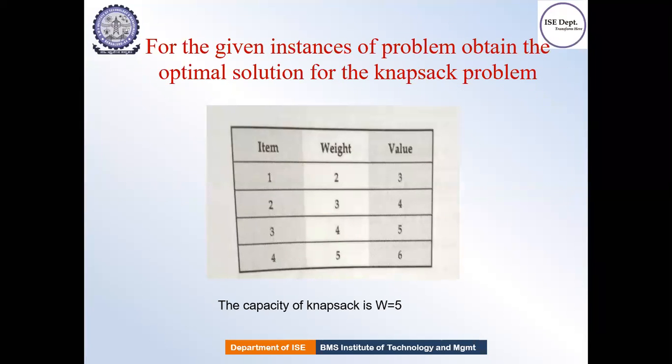Now we'll see how to solve this knapsack problem to get the maximum profit using dynamic programming. One more thing you should remember here: in dynamic programming we are recursively finding the solutions for all the possible pairs, and then getting the optimal solution from the set of solutions.